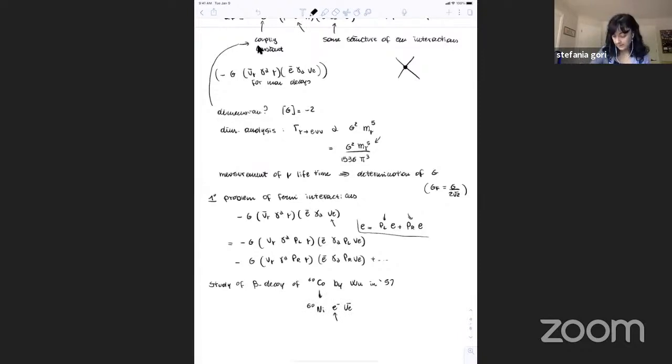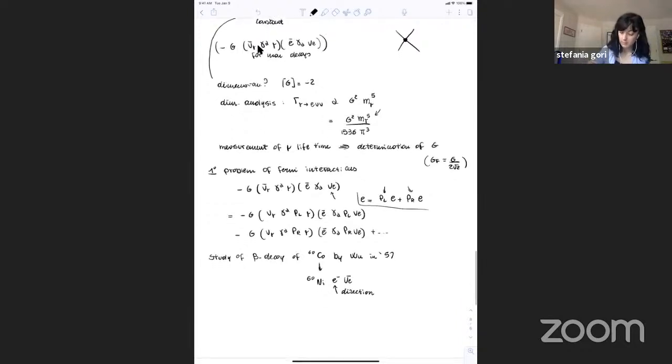And basically studying the direction of this electron, it was found that the electrons were having a preferred direction. And this was actually not consistent with the vector structure of these interactions. So not consistent, let me write it to be brief, with this gamma mu type of interactions. Okay.